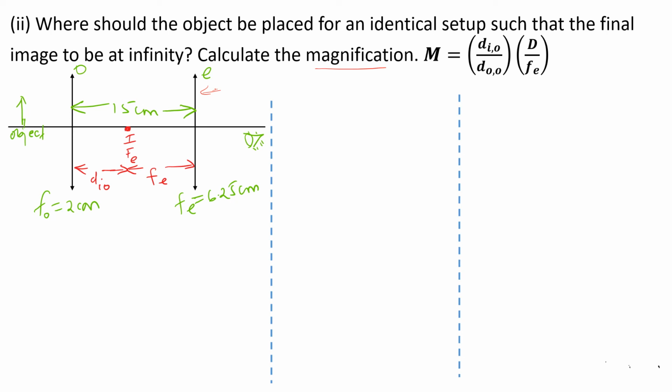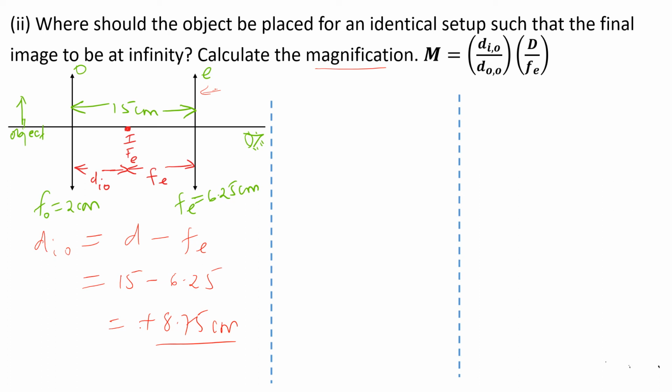Therefore, in this case, to get DIO, it should be the total distance separation between lenses minus FE. This is going to be equal to 15 minus 6.25, which gives us a positive 8.75. Positive means that the intermediate image is a real one, and this intermediate image, even though it's an object for the eyepiece, it is the image for the objective.